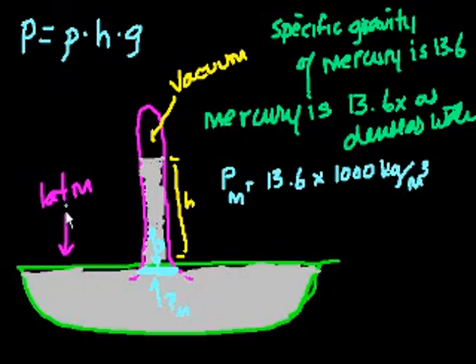So essentially, I have 1 atmosphere pushing down here on the outside of the surface. I must have 1 atmosphere pushing up here. We could imagine that we have that aluminum foil there again, just to imagine where the pressure is hitting. The pressure there is 1 atmosphere. So the pressure down right here must be 1 atmosphere.